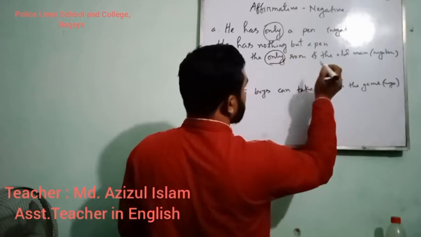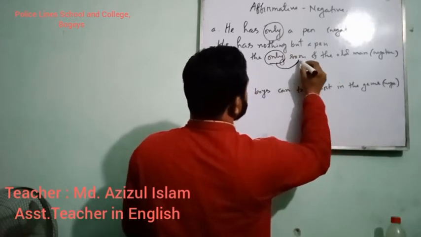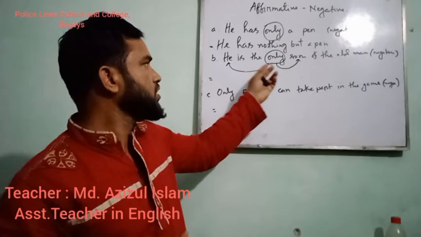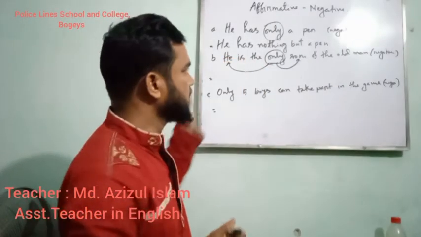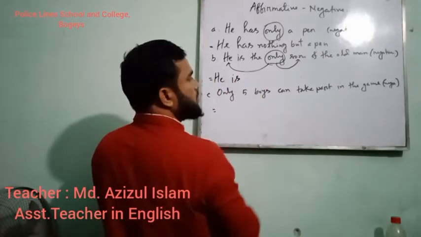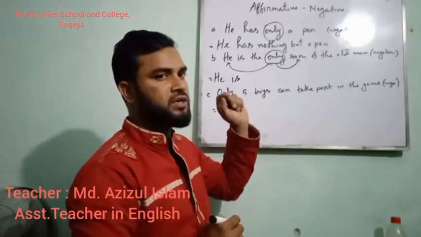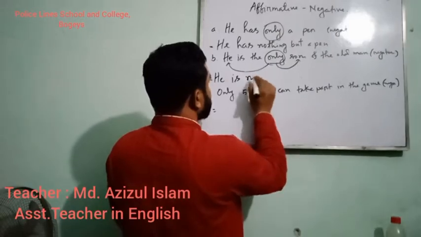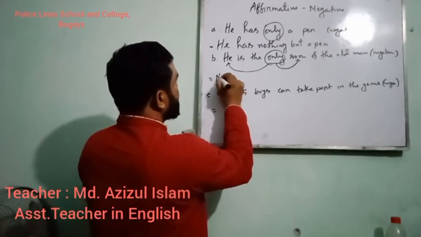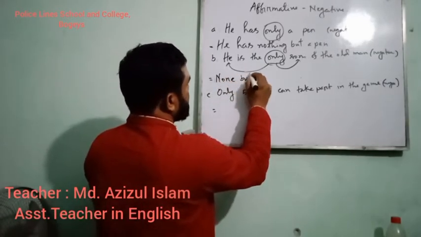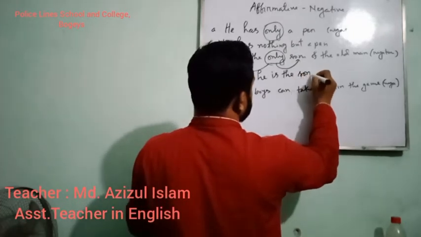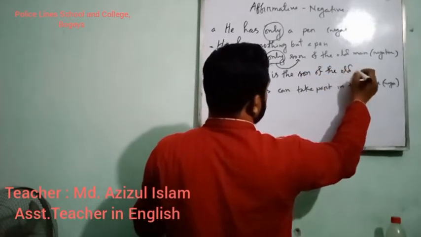Only here indicates the son or he, and if only indicates any person, then we can make this sentence into negative, replacing the word only by none but. None but he is the son of the old man.